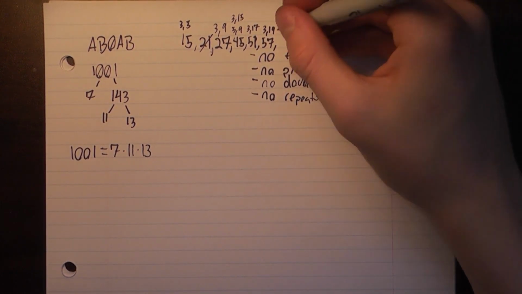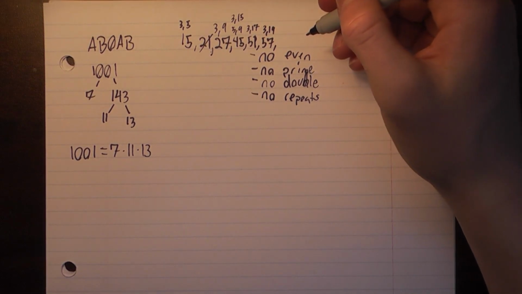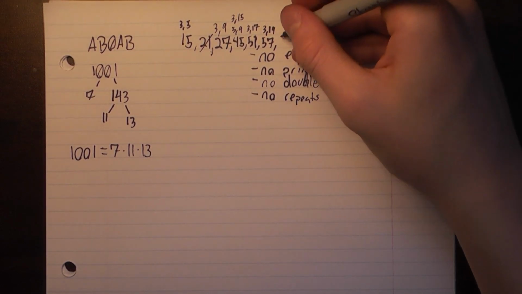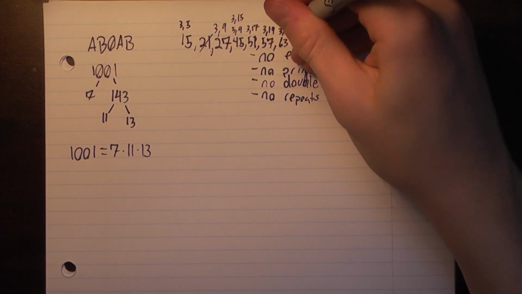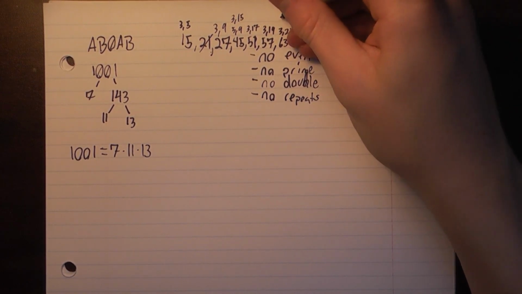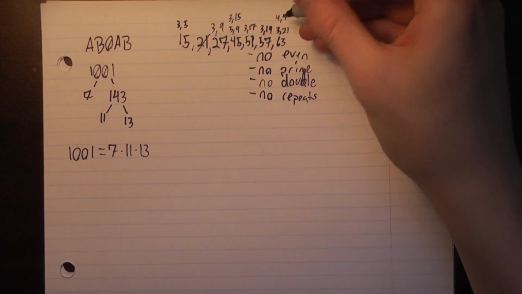59 is a prime number. 61 is a prime number. 63 is divisible by 3 and 21. It's also divisible by 9 and 7, but this case doesn't work because it contains a 7.